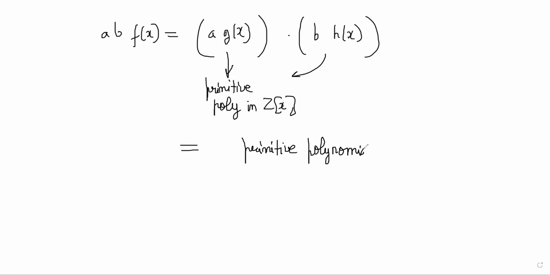So what we conclude from here is ab times f of x is a primitive polynomial, right?